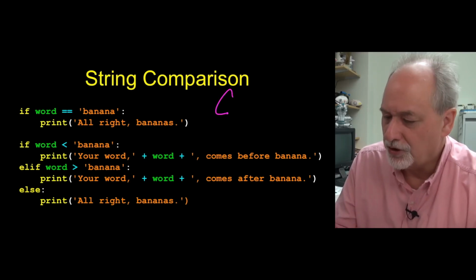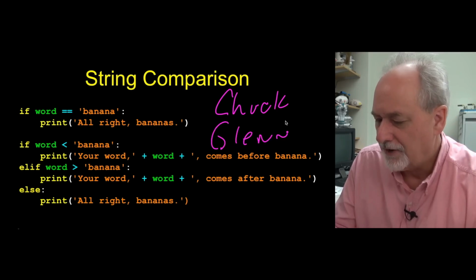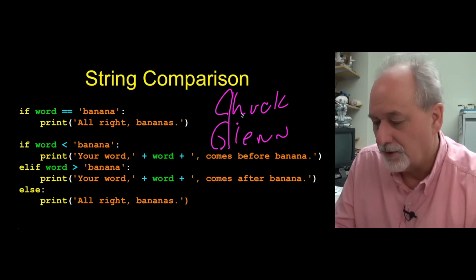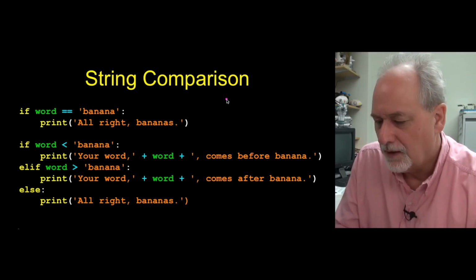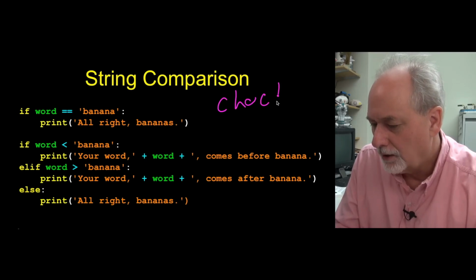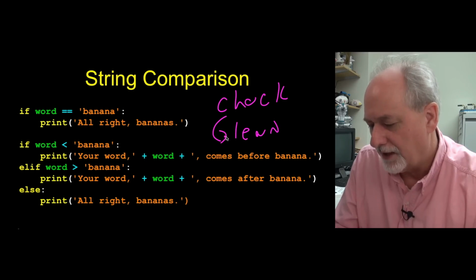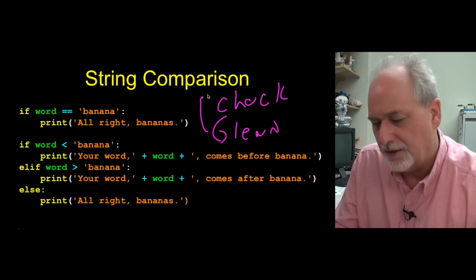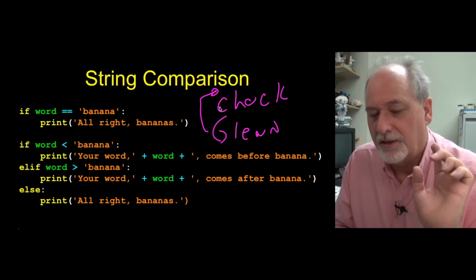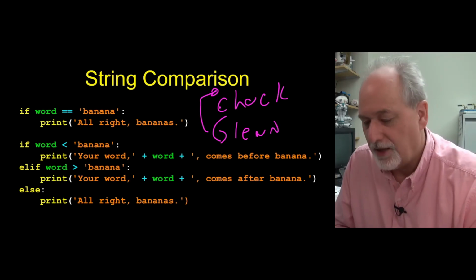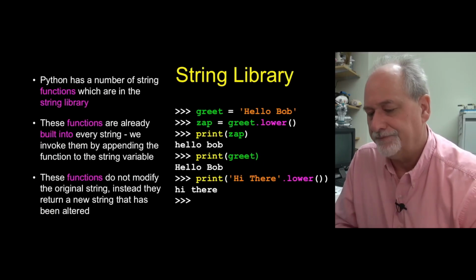If you were sorting Chuck with an uppercase and Glenn, the uppercases would sort right, but if you had lowercase chuck and uppercase Glenn, that would sort weird. As a matter of fact, the G would come before that. So case can mess this up, but in general, other than case and special characters, it technically works. It's just hard to predict.